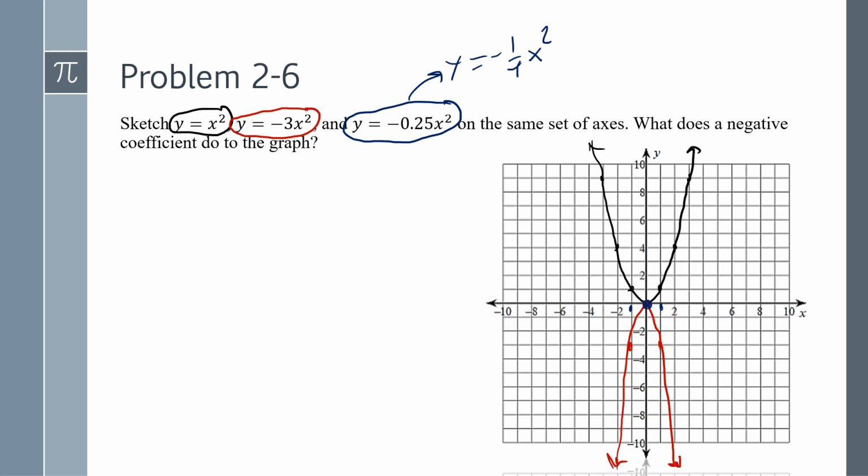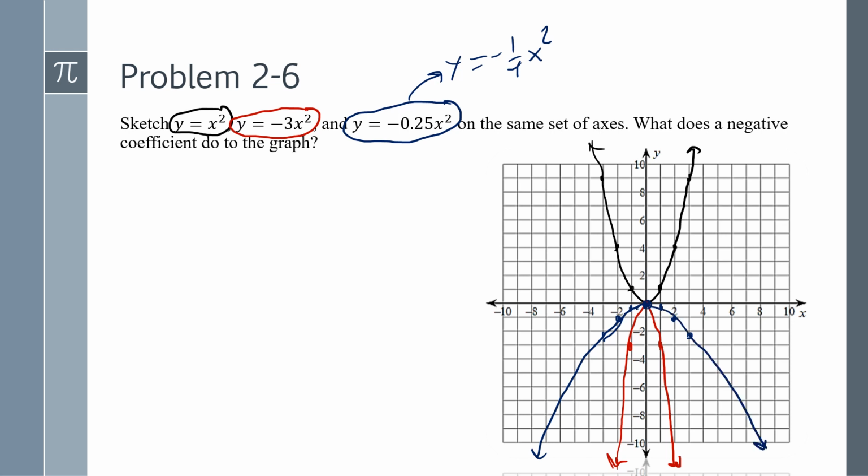Start with 2: 2 squared is 4, and -1/4 of 4 is -1. 3 squared is 9, so negative 1/4 of 9 would be negative 9/4, which is negative 2 1/4, right here. I can probably keep doing this, but this will go down like this.